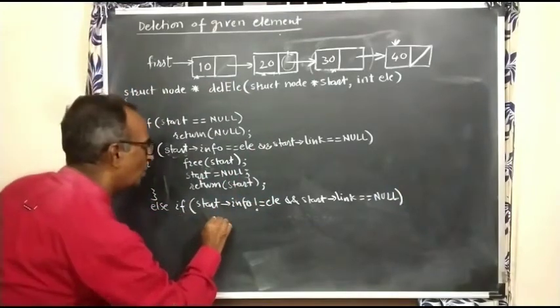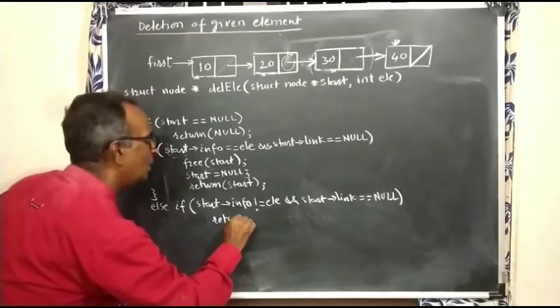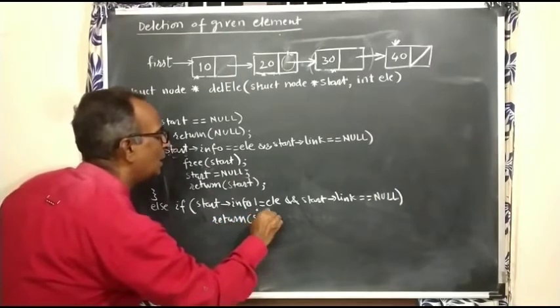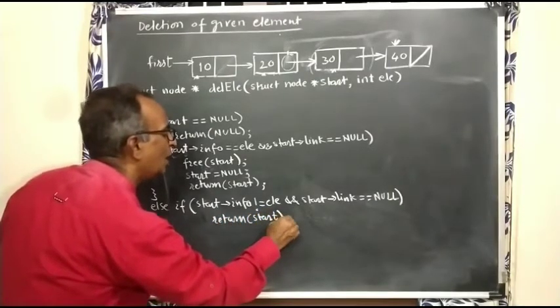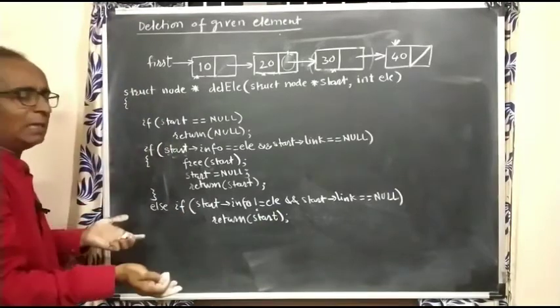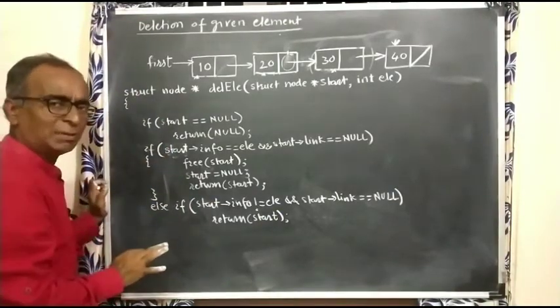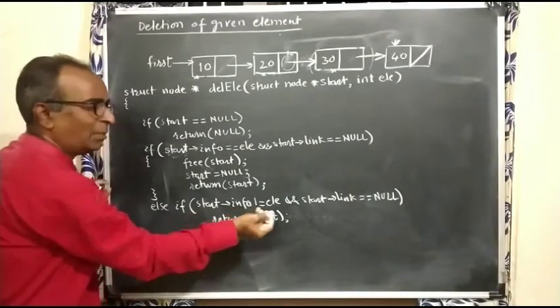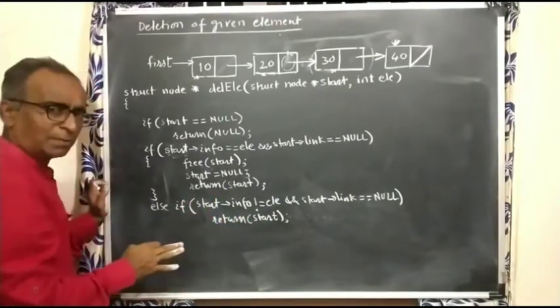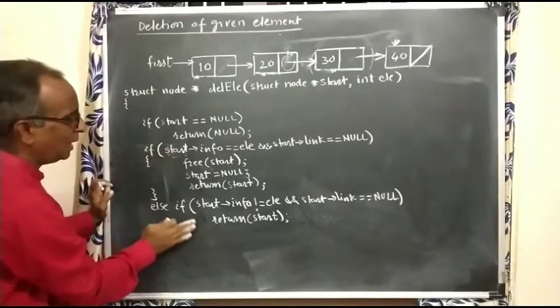So what you have to do is return start, because the element to be deleted is not there and whatever list, we cannot delete anything. Return start means the same list will be there. You may write here element not present, return start. So these cases we have handled.